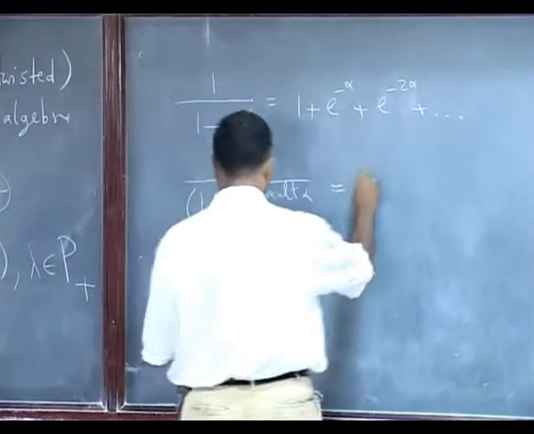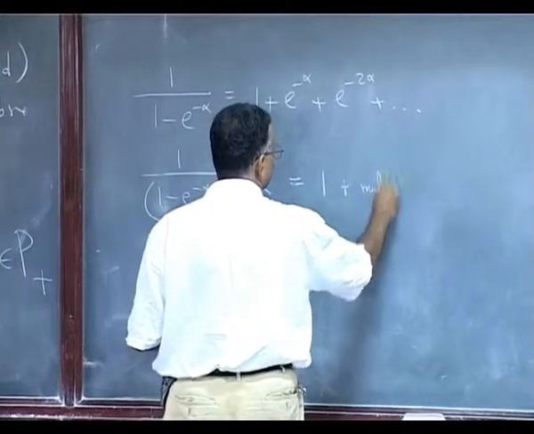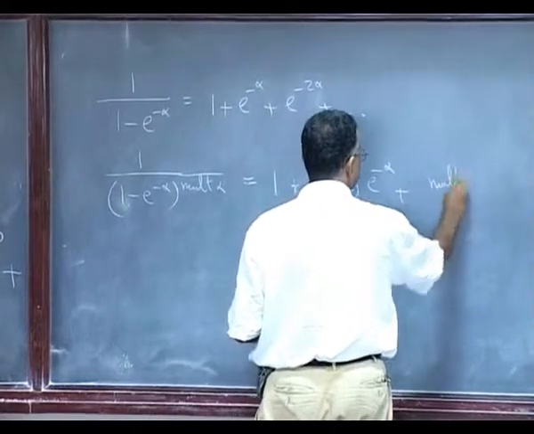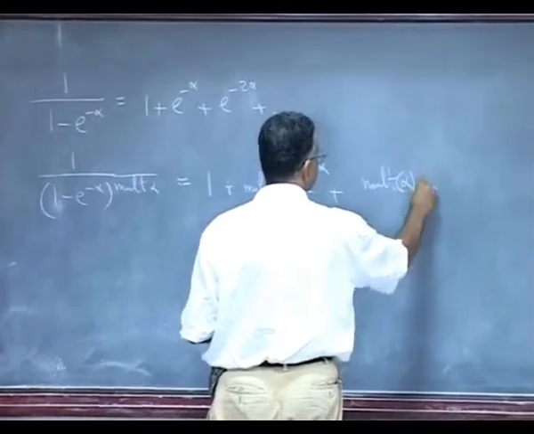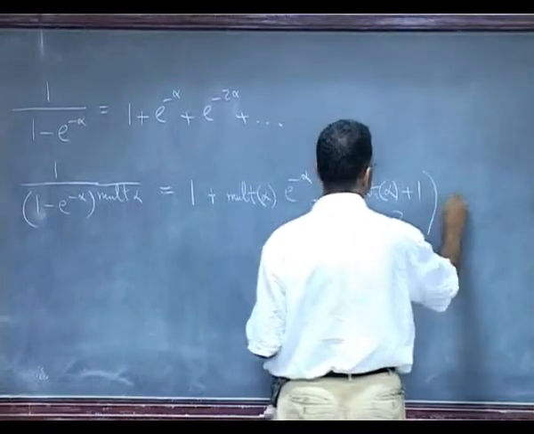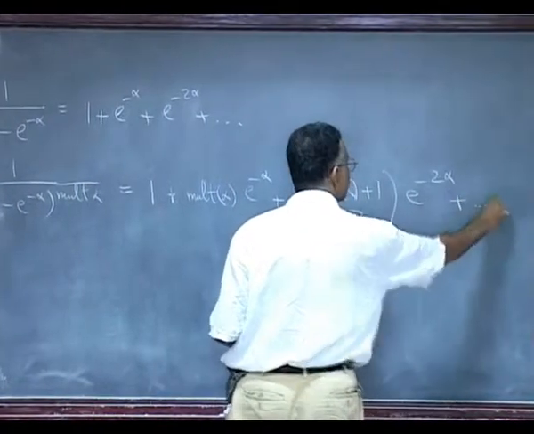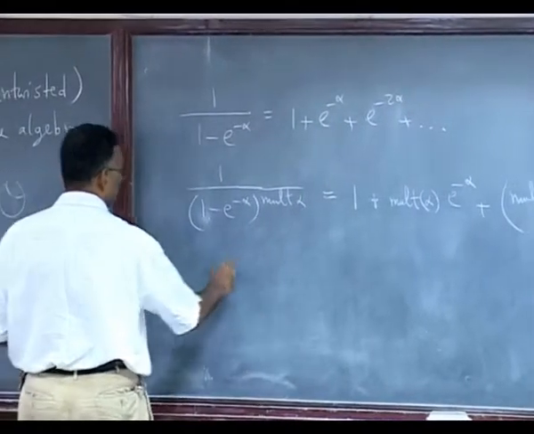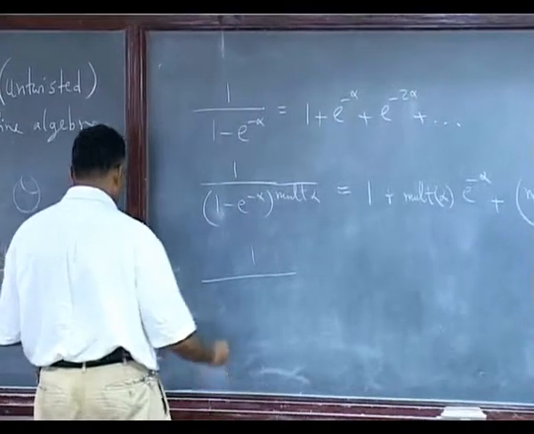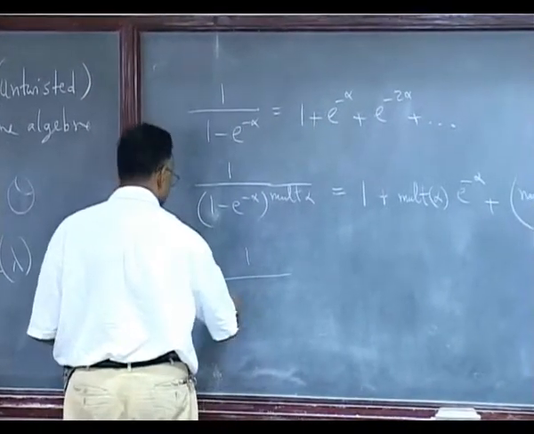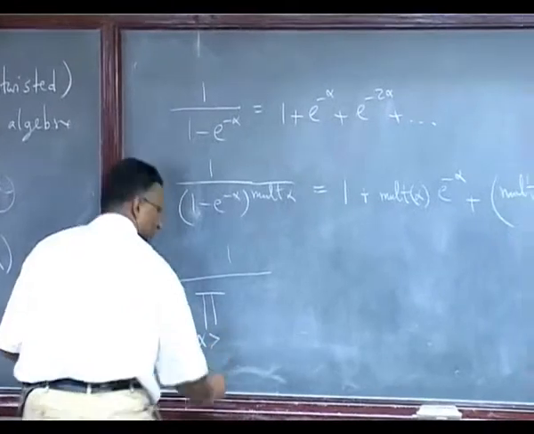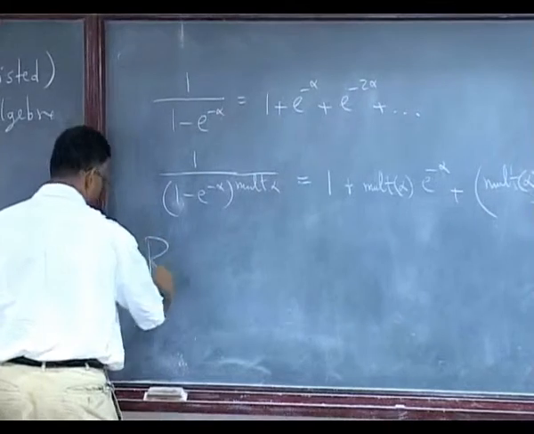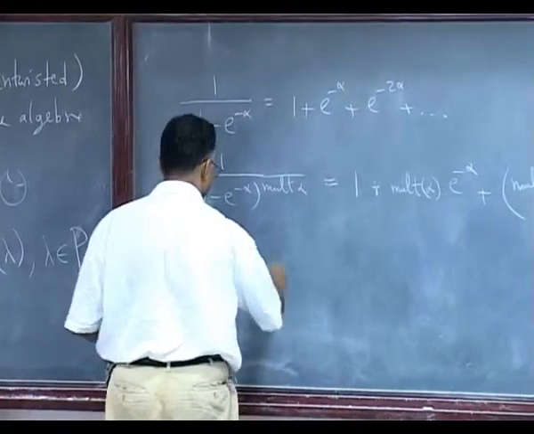So if I have that, then it is 1 plus... so I can write... let me call this R. This is notation, and Kac uses this too.